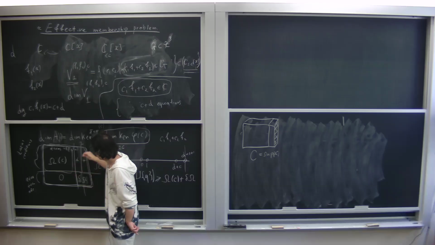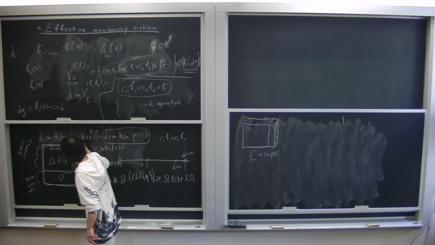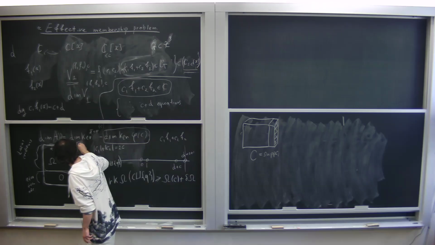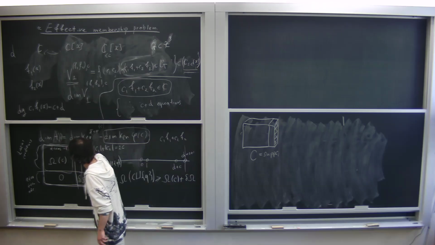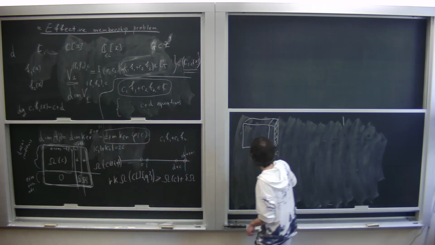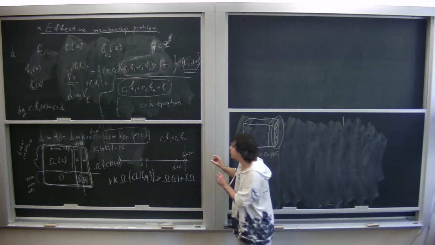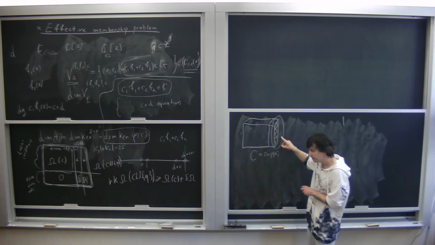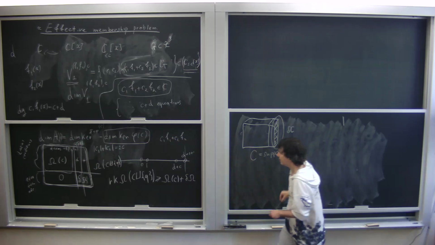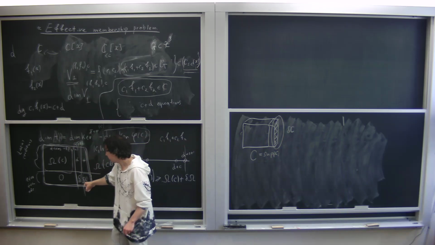Here we will have, instead of just 2 points, 2 times delta C points, where delta C is the number of integral points in this facet. So this matrix is no longer 2 times 1.